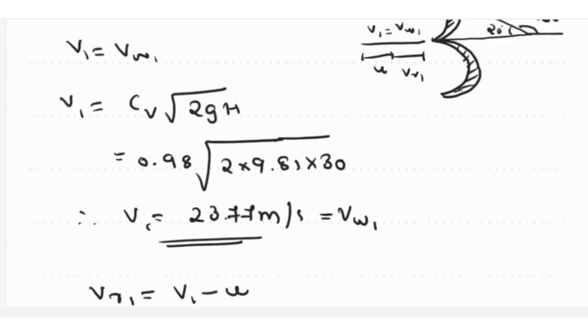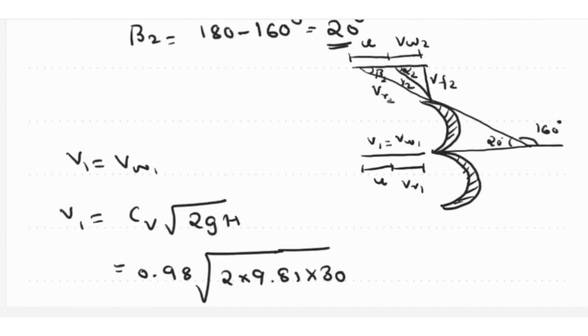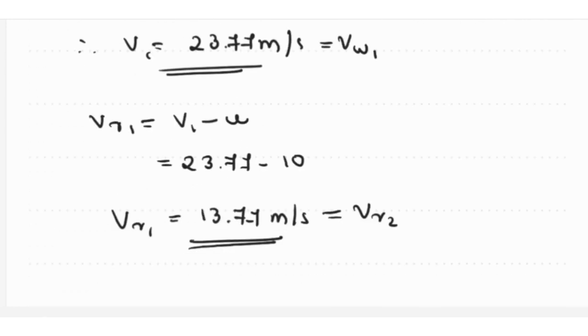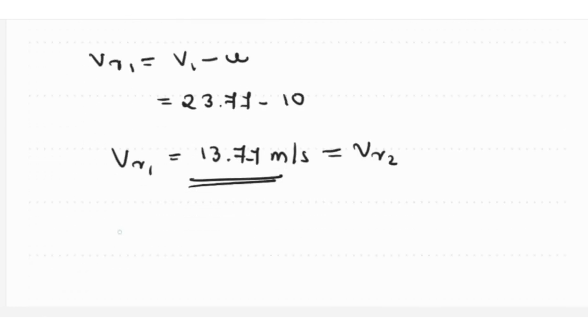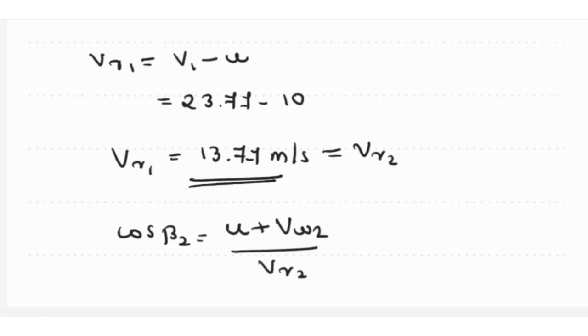So in the outlet triangle, now we know vr2 and we know u. We should calculate what is vw2. So I will now apply cos beta to this triangle. So cos beta 2 is equal to adjacent side divided by hypotenuse. So cos of beta 2 is equal to adjacent side, u plus vw2, divided by hypotenuse vr2.